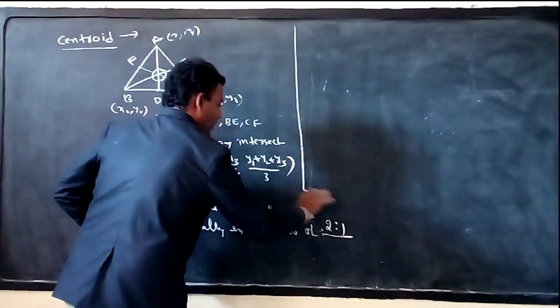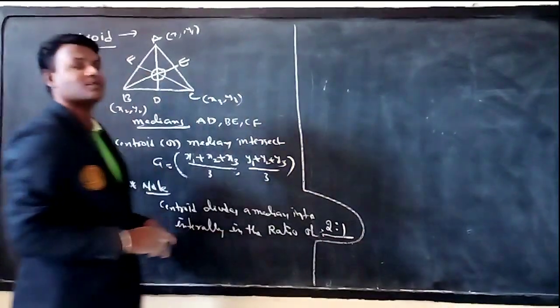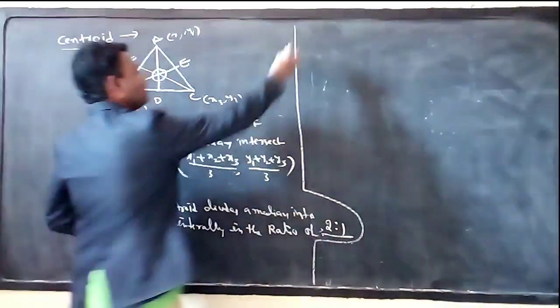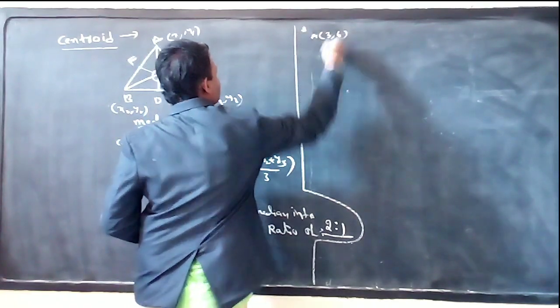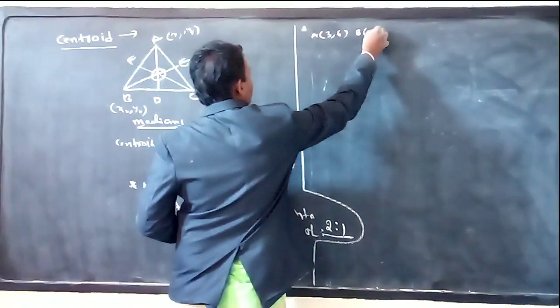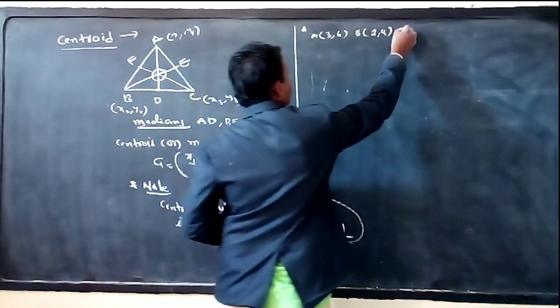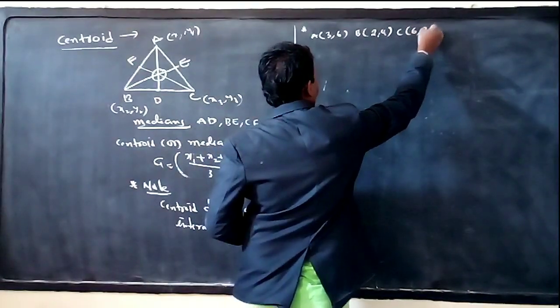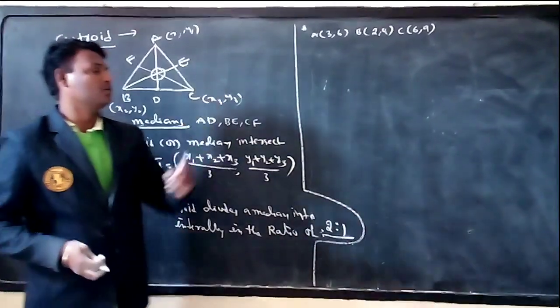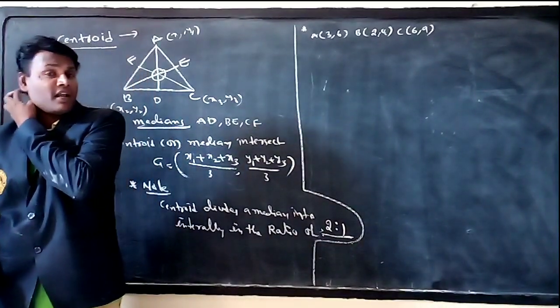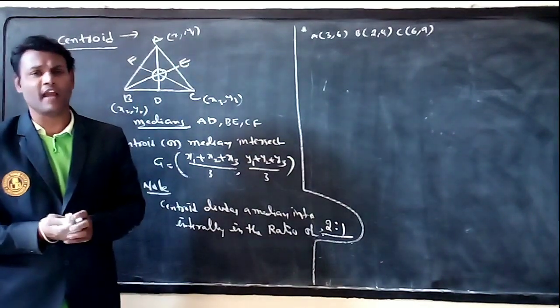Now applications, some problems on the centroid. For example, A(3,6), B(2,4), C(6,9) are the vertices of a triangle.